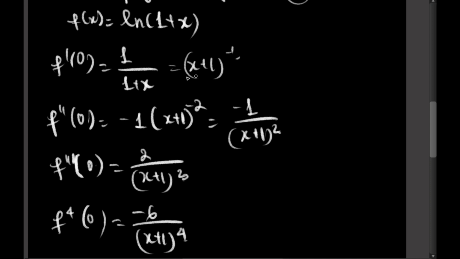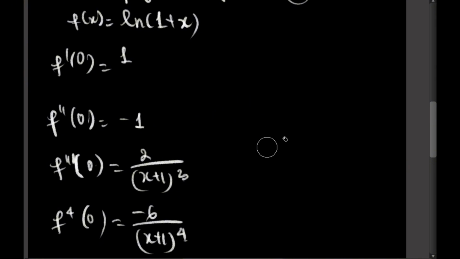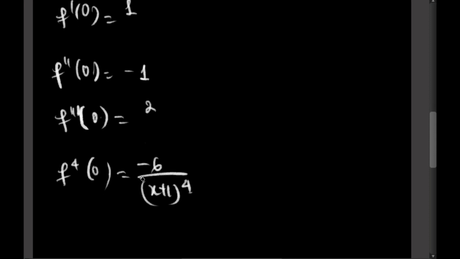So now here we have 1 over 1 plus 0, which is 1, right? Minus 1 over 1, it's minus 1. And here 2 over 1 is 2, and minus 6 over 1 is minus 6.